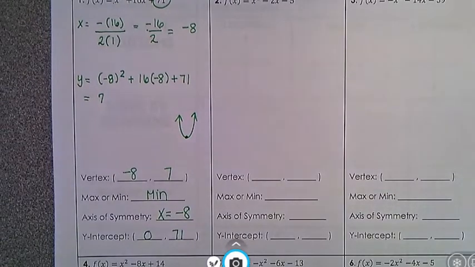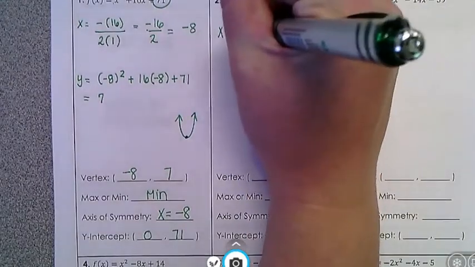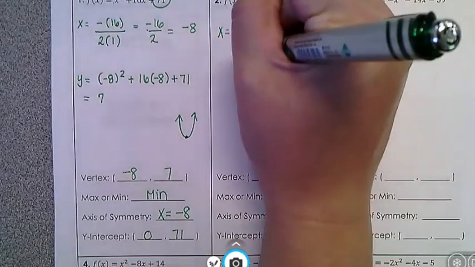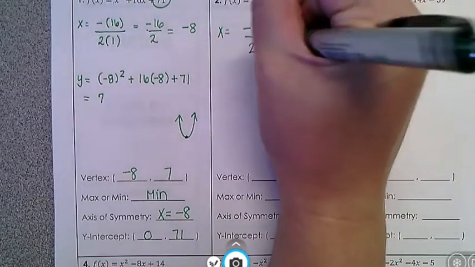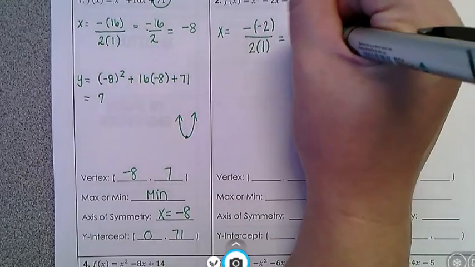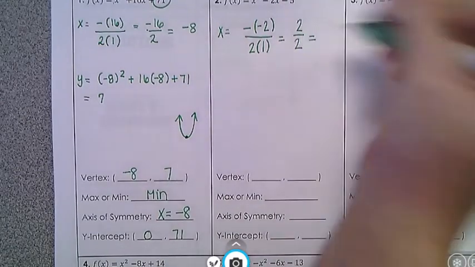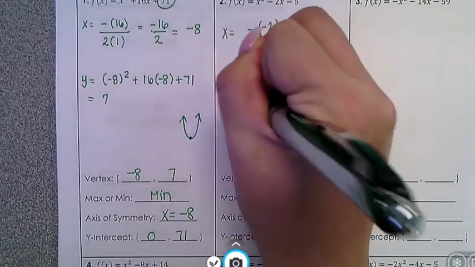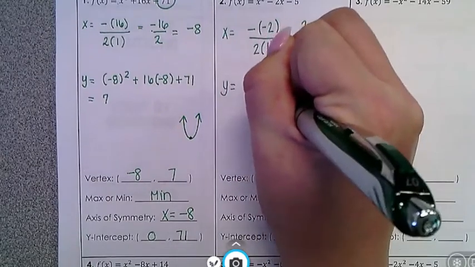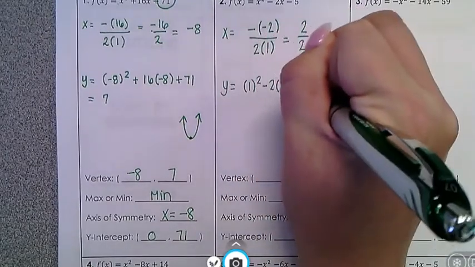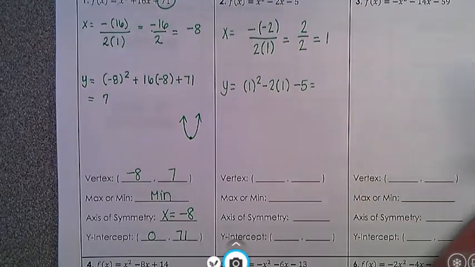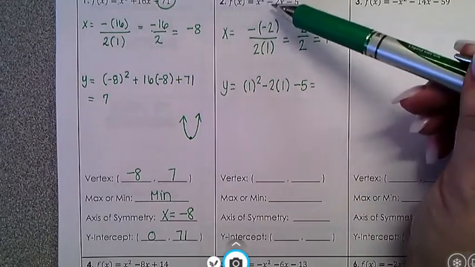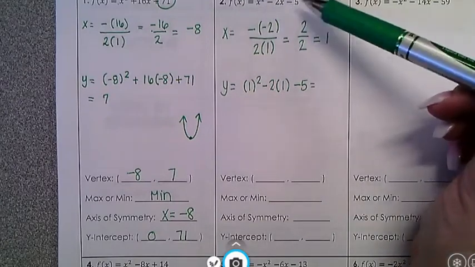Let's try number 2. Negative b. My b is negative 2, over 2 times my a, which is 1. So 2 over 2, 2 divided by 2 is 1. And then what I'm going to do is take that 1 and plug it in for x. 1 squared minus 2 times 1 minus 5.